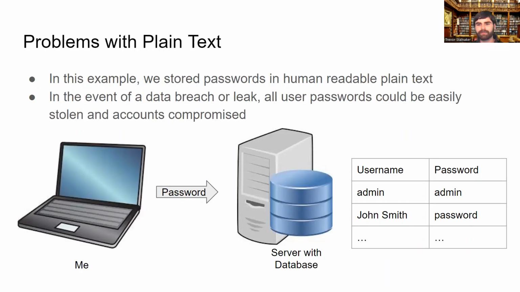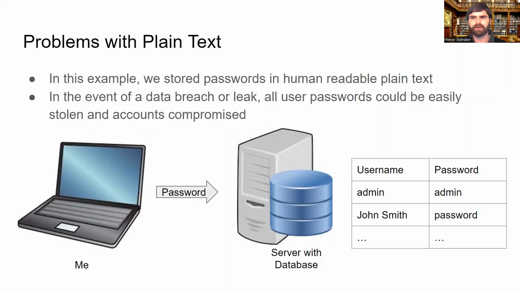So in this example, the passwords have been saved in what we call plain text, which means they're human readable. If you were to get access to this database, which you could do through multiple avenues, you could use like SQL injection attacks. You could have like a malicious insider or something that gains access to the database and leaks it to the outside.